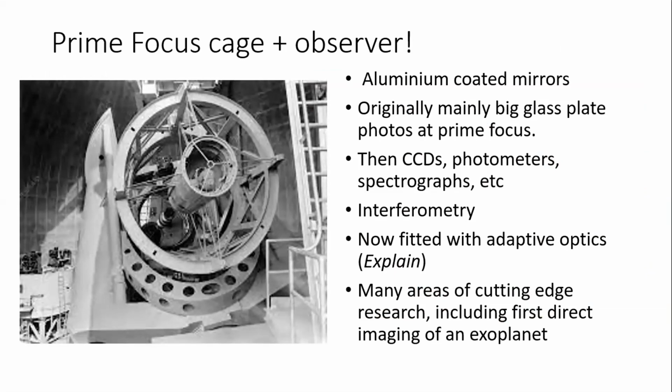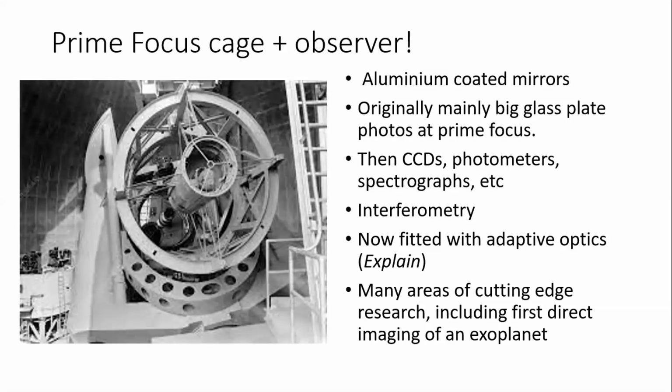So aluminium coated mirrors, we've now got past speculum metal, because as I said, it tarnishes, and even at its best, it only has a reflectivity of about 60%. Aluminium coating, depending on just how you do it, and I'm not going into the detail, can get up in theory to 98% reflectivity, and that's a huge improvement.